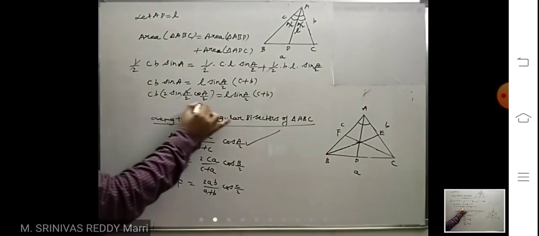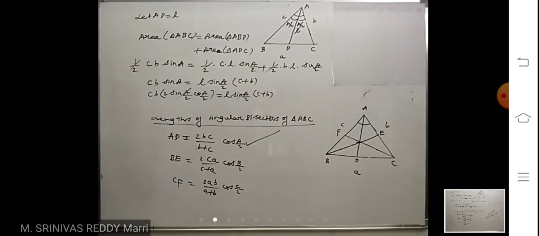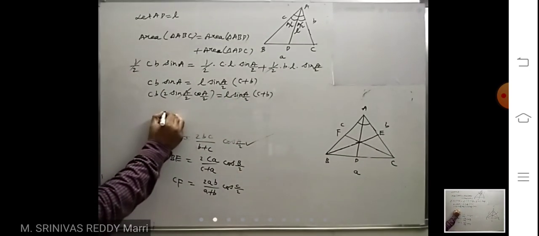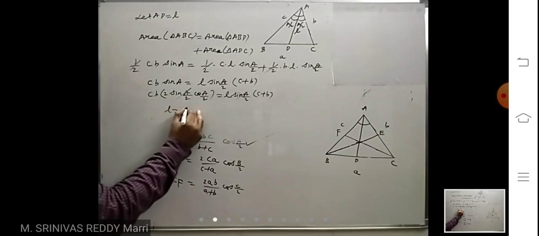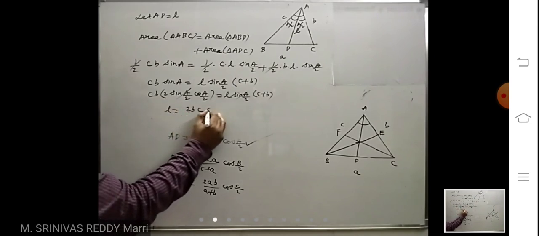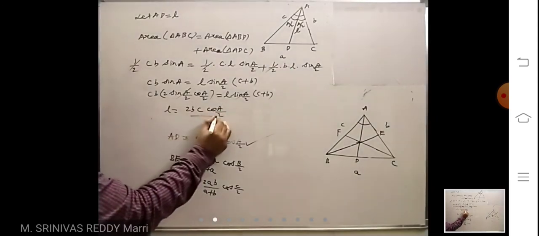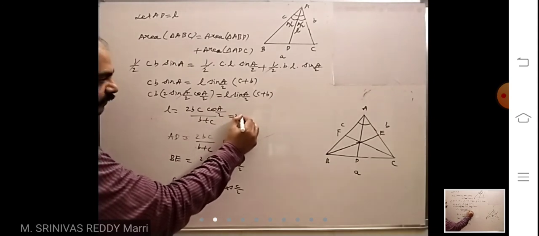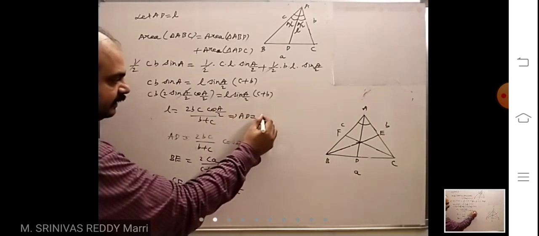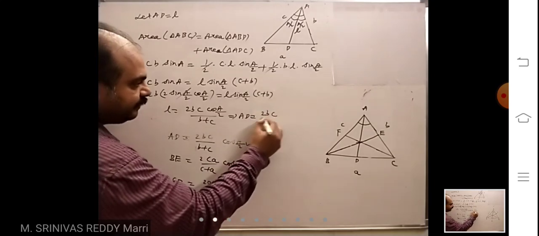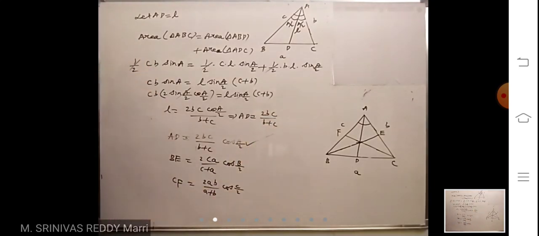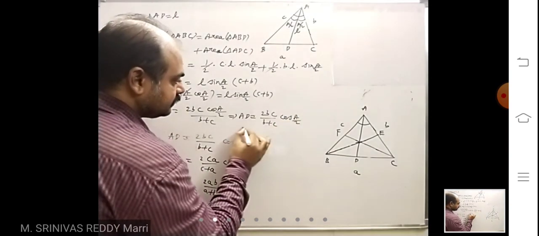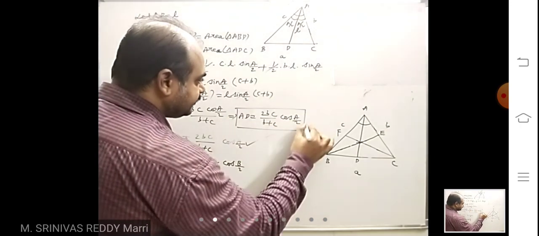Sine A by 2 gets cancelled. Then bringing c plus b to the other side, L equals 2bc cos A by 2 divided by (b plus c). Therefore AD is 2bc divided by (b plus c) into cos A by 2. So this is the angular bisector length.